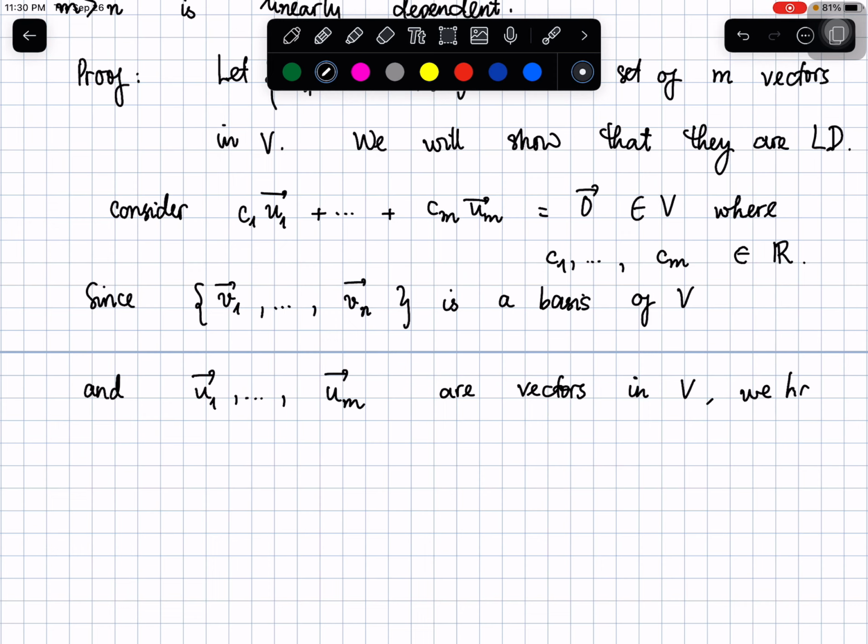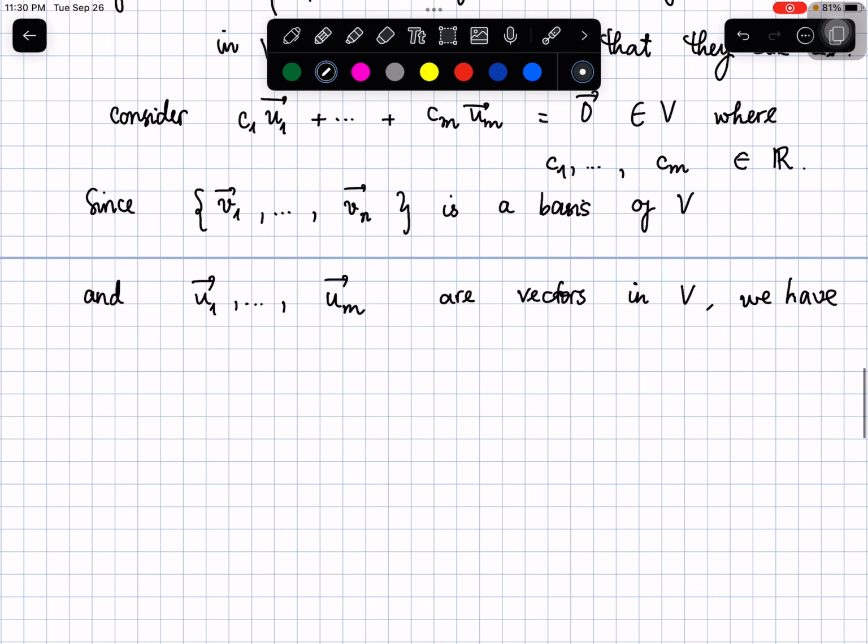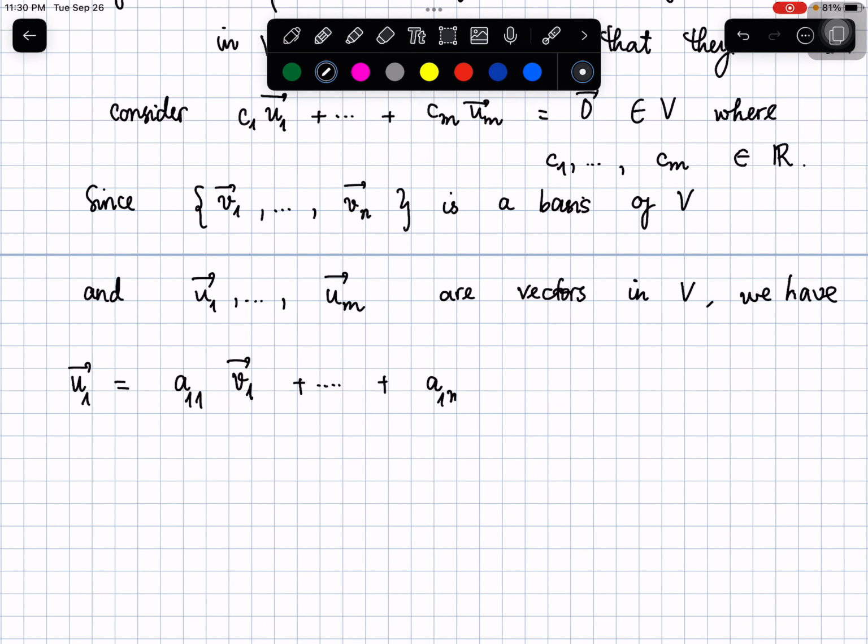We have that all of these ui, i from 1 to m, can be written as a linear combination of the n vectors v1 to vn. So u1 can be written as a11 v1 plus a12 v2 plus ... plus a1n vn. u1 can be written as a linear combination of the vectors in the basis of V. And this is true for u2, u3 until um.